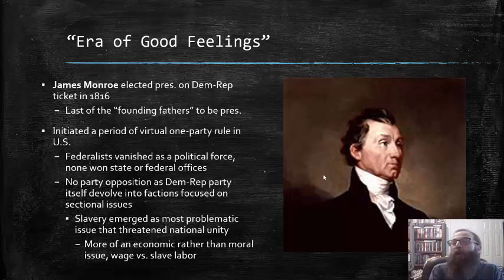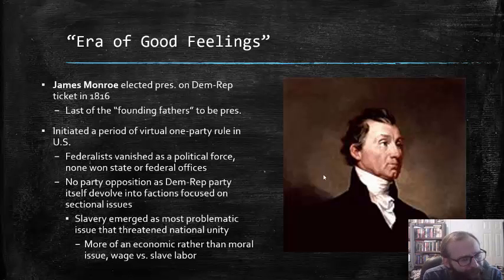But no party opposition led the Democratic Republican Party itself to devolve into factions mainly focused on sectional issues. And slavery emerged as the most problematic of those sectional issues that began to threaten national unity itself.